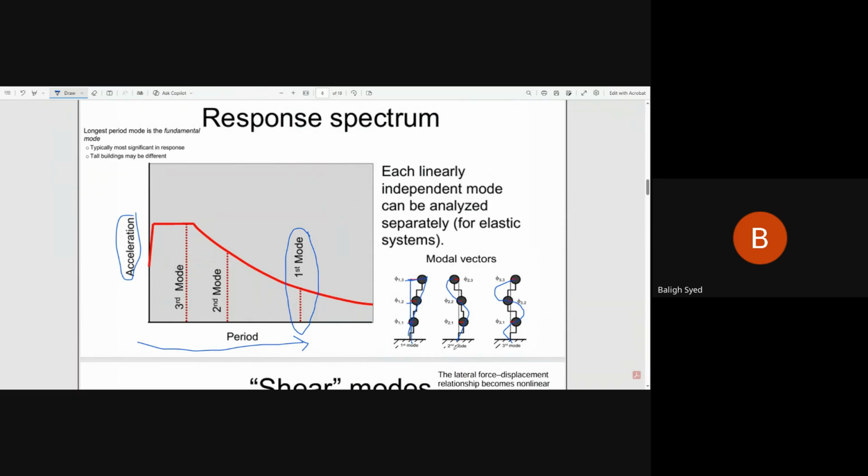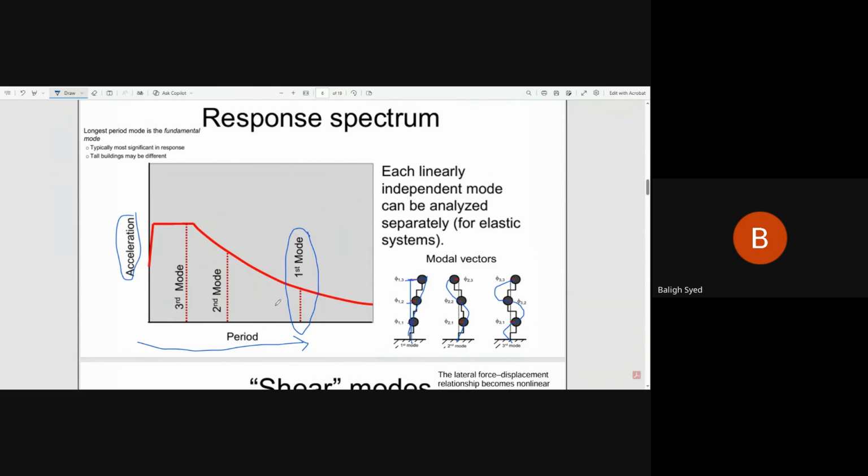So when you excite the system, it will go into all the modes that are excited by the external force. Whatever force you apply, the system will start oscillating and exhibit some kind of simple harmonic motion, as we call it for our understanding. In the first mode the system is going to move this way, in the second mode this way, and in the third this way. This is just for our understanding of how the system is going to move, right?